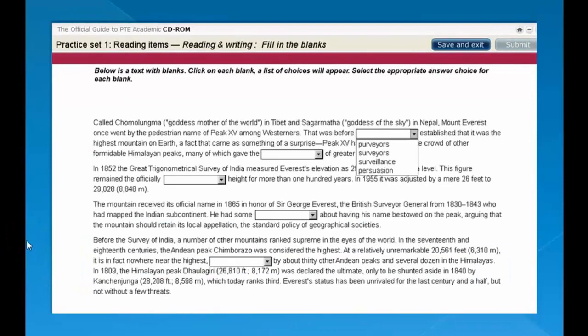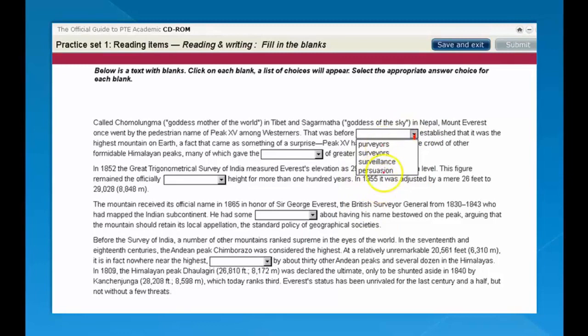The final example is the reading and writing, filling in the blanks. Now obviously I do not necessarily have all of the options, so we'll only be going over the first one. What you will do is you will read and then you will just click on the button and it will pull down a list of options.